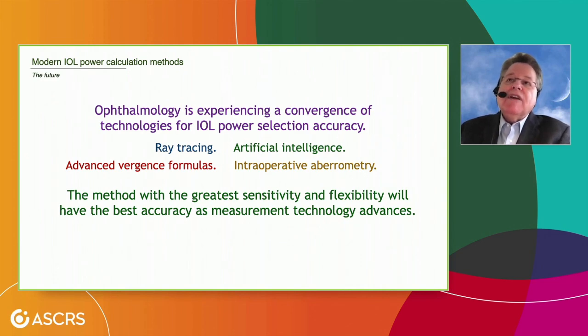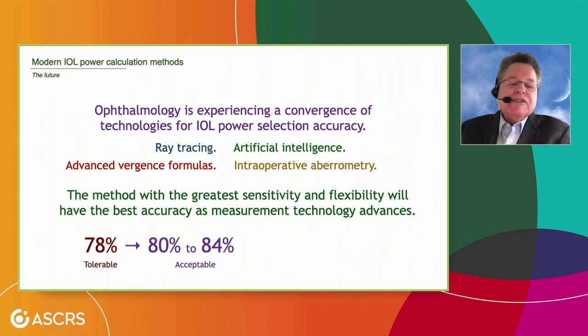Right now, we're kind of coming up against a wall in terms of measurement accuracy, with keratometry being something we're going to have to improve as the years go by. So right now, 78% is tolerable. That's a number that we see very frequently as I look at databases from different physicians. 80 to 84% is acceptable, and that's kind of the next level up.